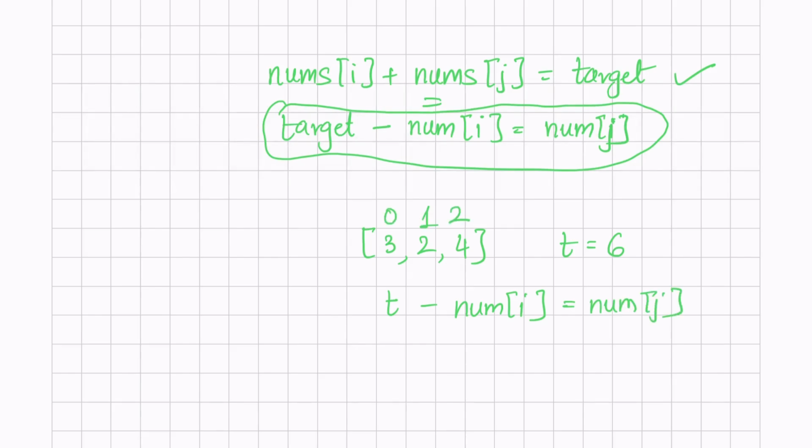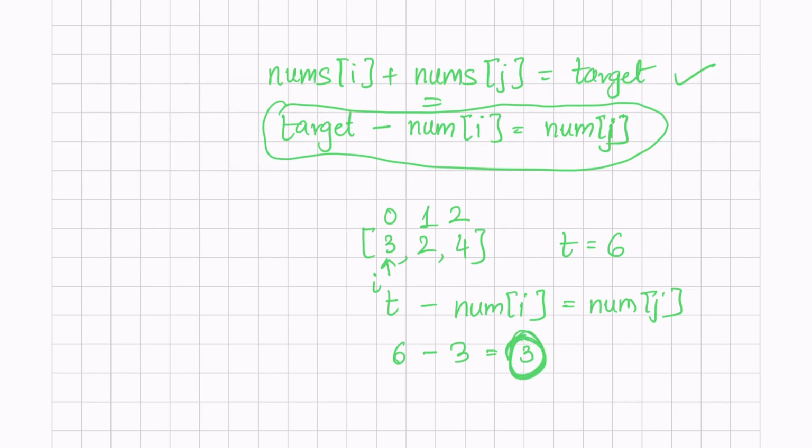And these numbers have indexes 0, 1, 2. Okay. So for the first number, let's say we start i from here, the answer is going to be what? 6 minus nums i, which is 3, and nums j becomes 3, right?